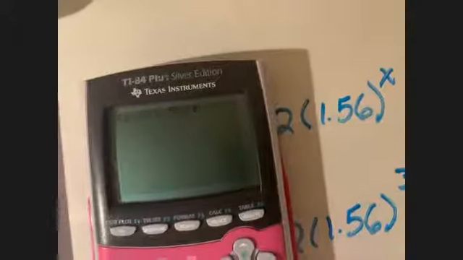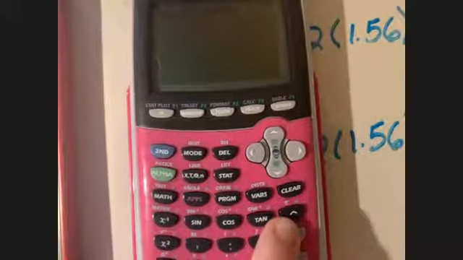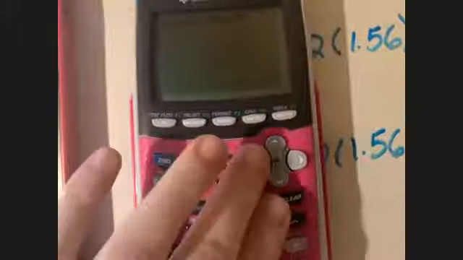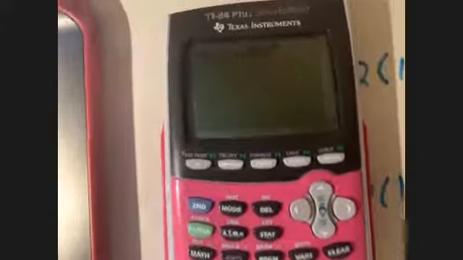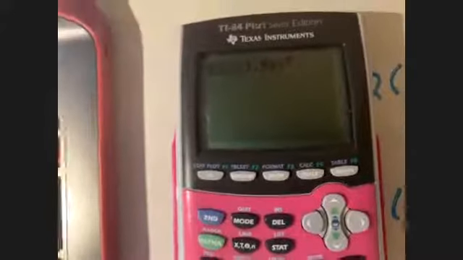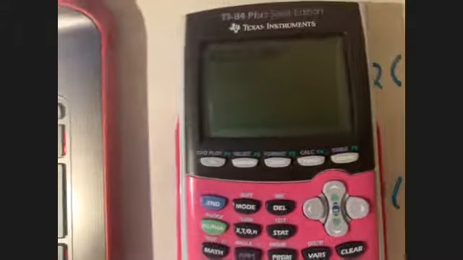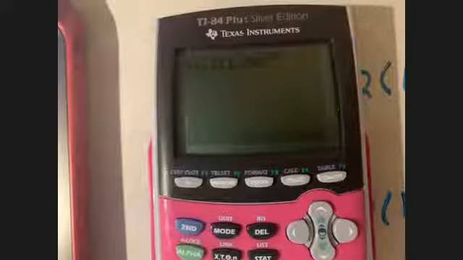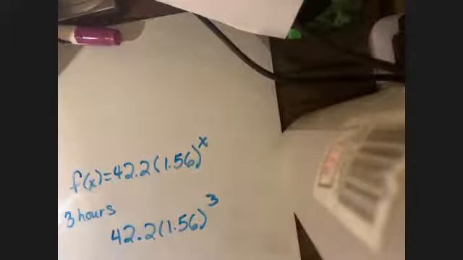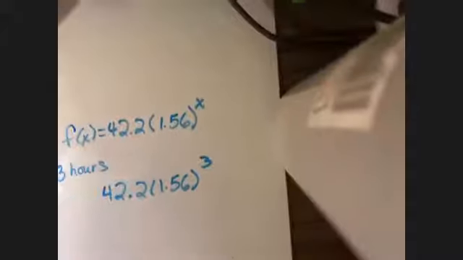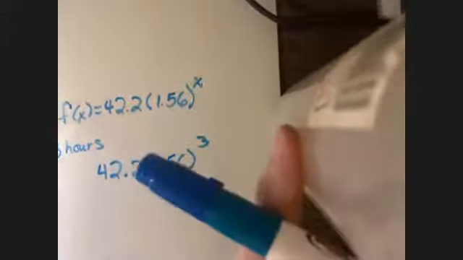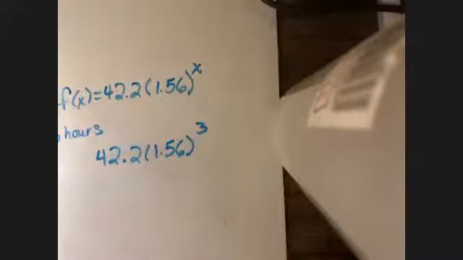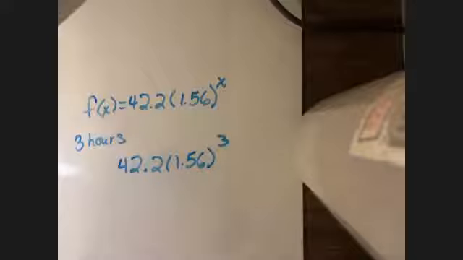Now, what you're going to press is this little wedge or caret button. On my calculator, it pushes it up into that exponent spot. On some of the other calculators, it may behave differently.